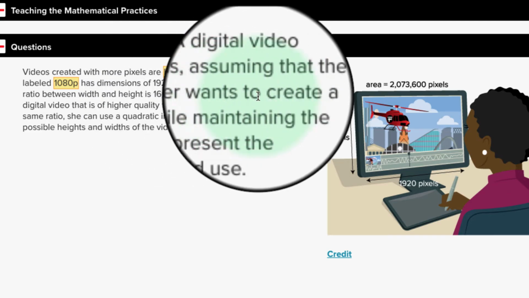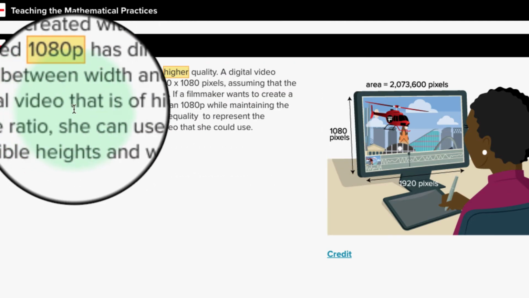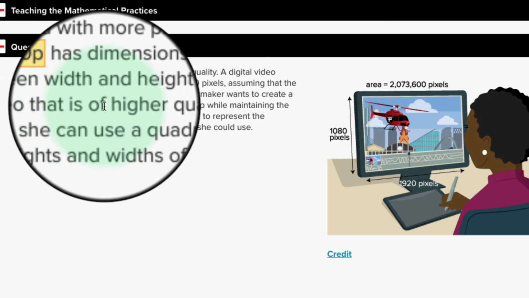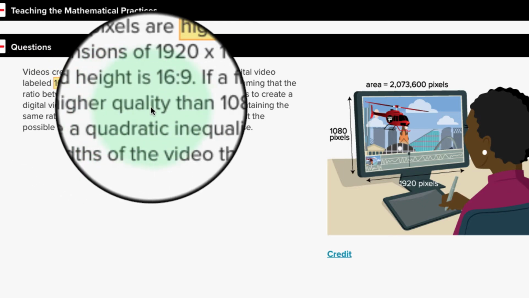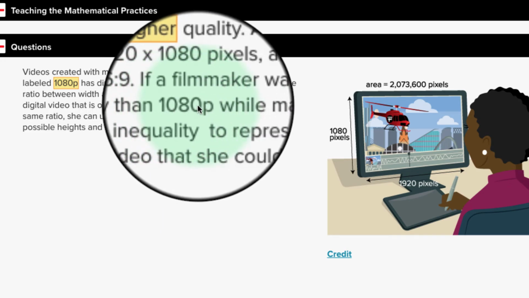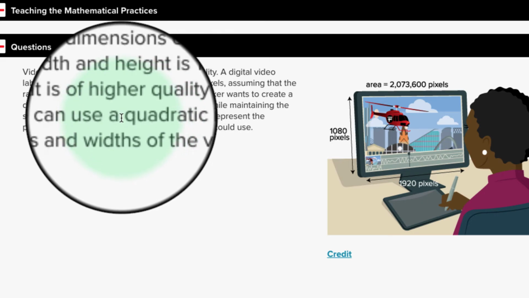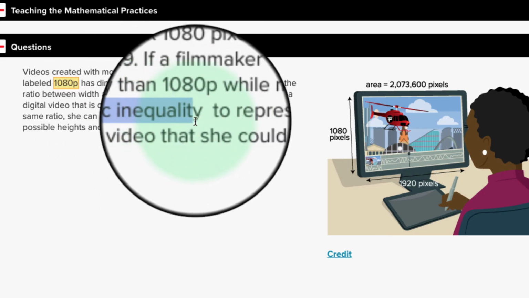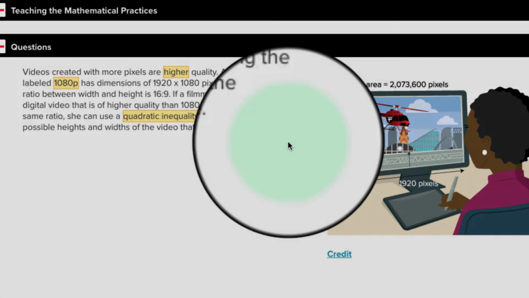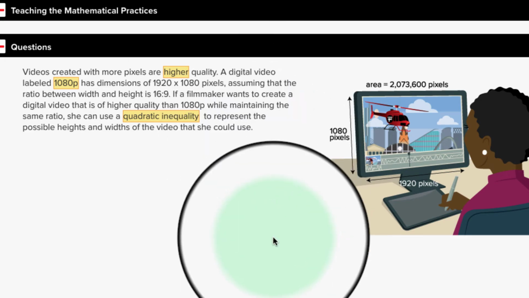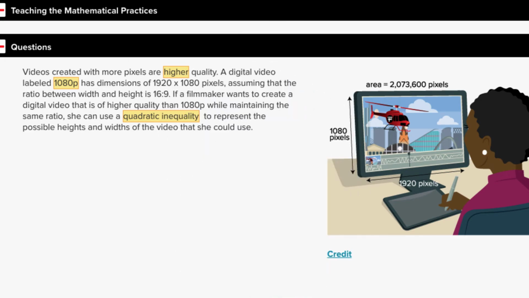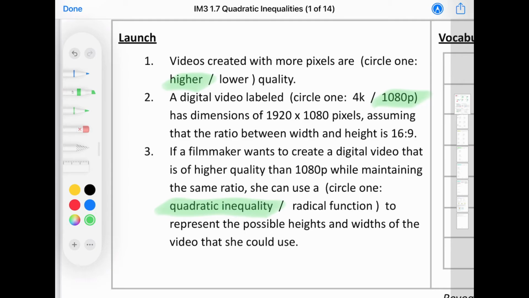If a filmmaker wants to create a digital video that is of higher quality than 1080p while maintaining the same ratio, she can use a quadratic inequality to represent the possible heights and widths of the video that she could use. All right, so those are the answers for the launch.